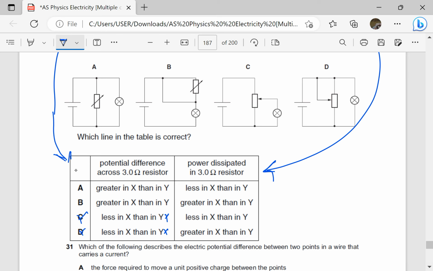Then let's check the power dissipated in the 3 ohm resistor. Power is equal to I squared times R. Power in X, the current was 3 over 7, squared, times the resistance, which is 3.